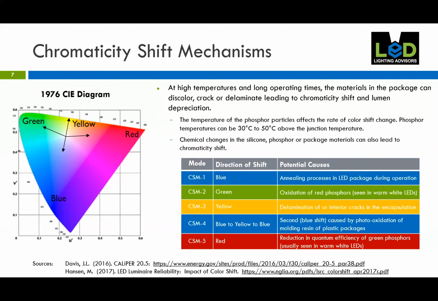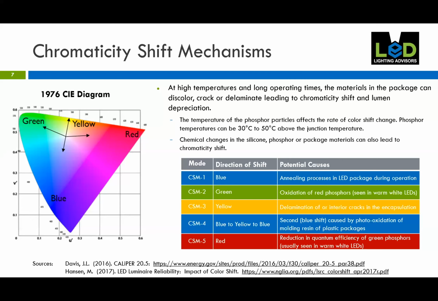And then after a certain amount of time, the chromaticity point shifts backwards again and circles back towards the blue. And in this case, the final blue color shift tends to be the terminal color shift mechanism. And we see this in mid-power packages where the polymer photo-oxidizes and absorbs some of the longer path length photons.